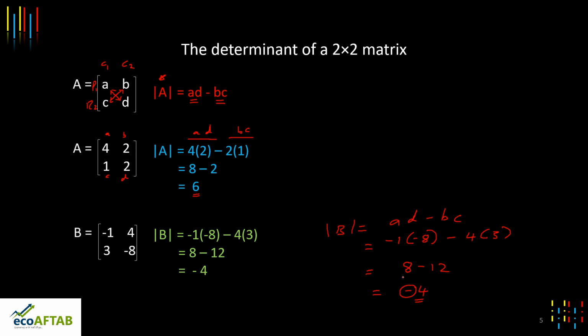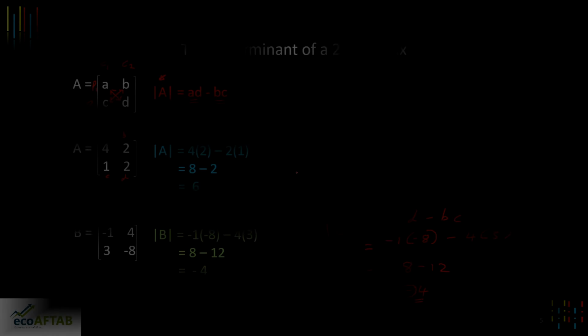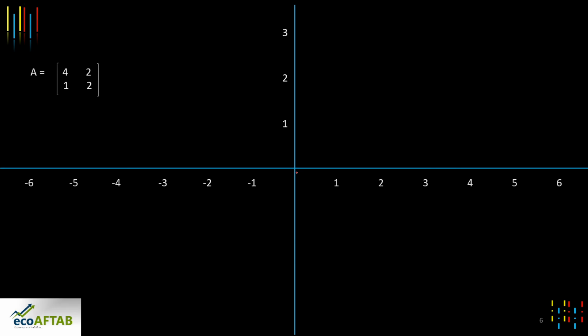Now going ahead friends, let us try to see geometrically how this 2 by 2 matrix determinant is seen. Already I have explained about it in the session when I was speaking about vectors. So here we can say this is our first vector and this is our second vector.